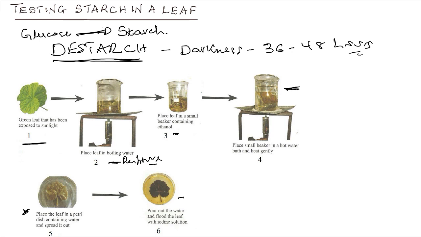Before the fitting of the conical flask, the potted plant is kept in a dark place for a period of 48 hours so as to destarch it.